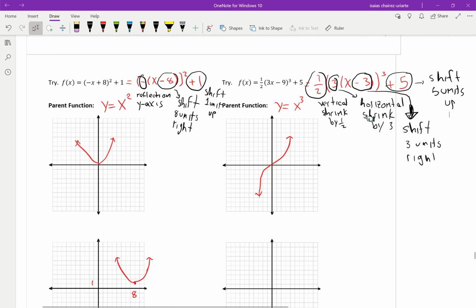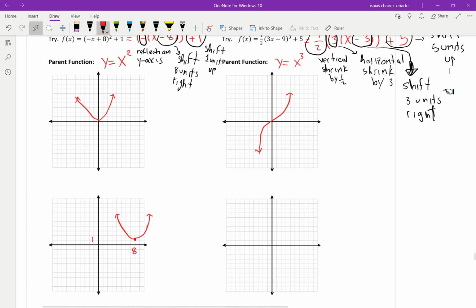We're going to be shifting the graph 3 units to the right, and then 5 units up. So originally I had this point right at the origin.